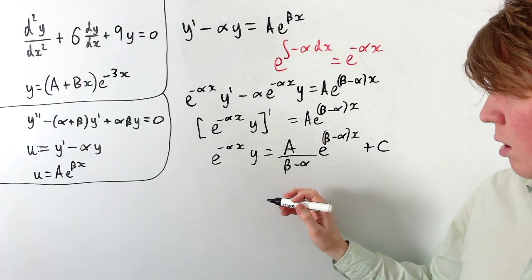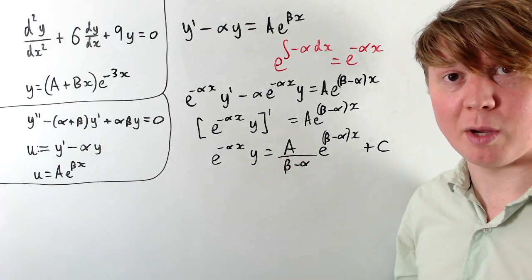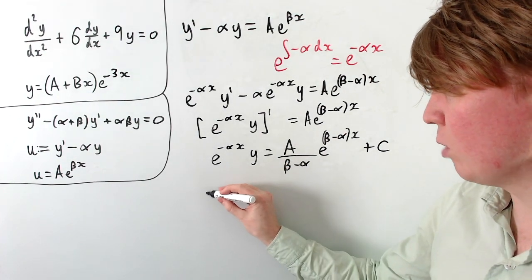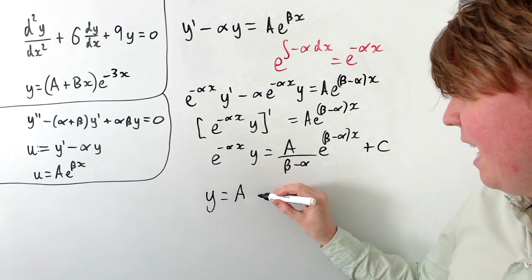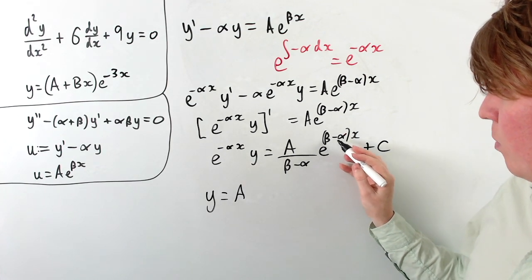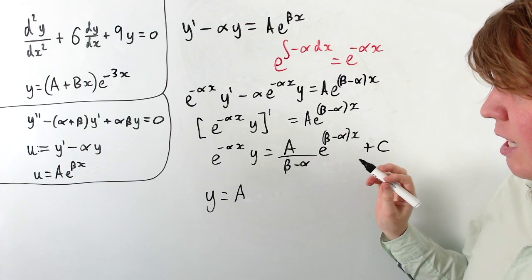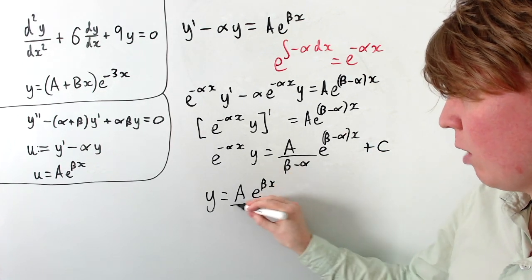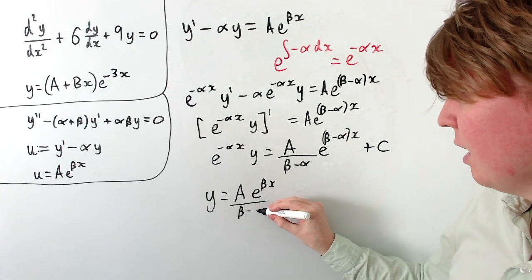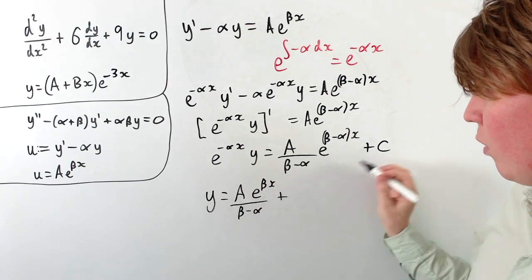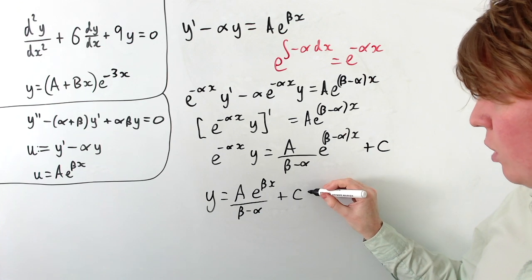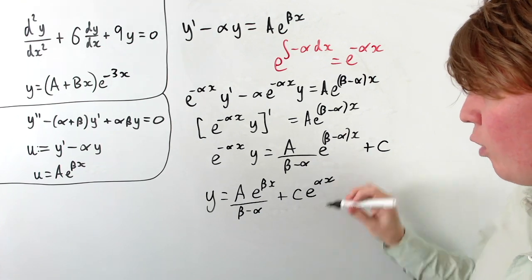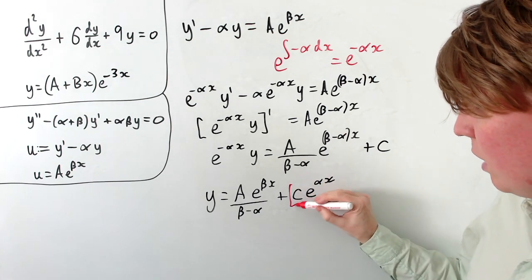So now to get y on its own, we just need to multiply on both sides by e to the alpha x. So we get y equals a, and then here we've got e to the beta minus alpha x times e to the alpha x just gives us e to the beta x. And don't forget we're still dividing this by beta minus alpha. And then we've got plus c, so c gets multiplied by e to the alpha x as well. And now we can just relabel our constants.